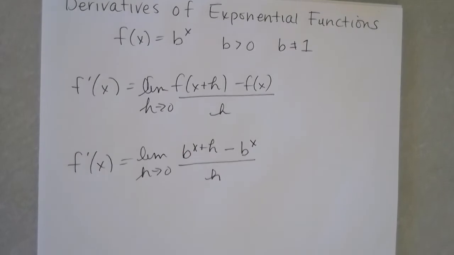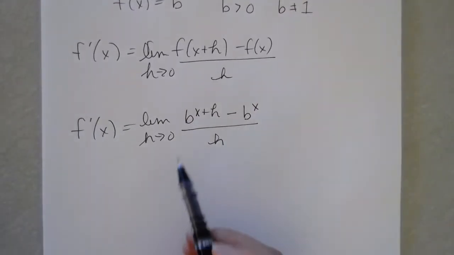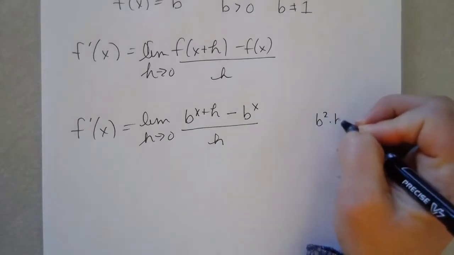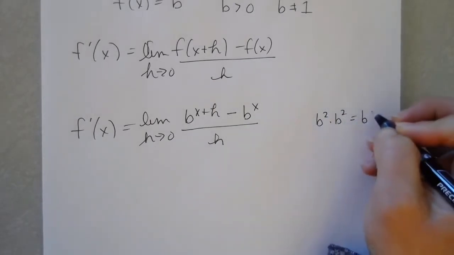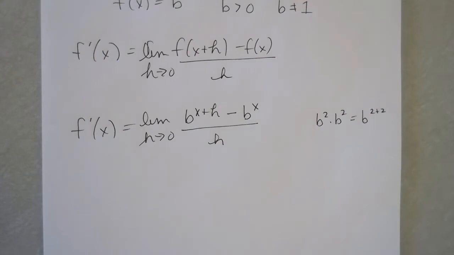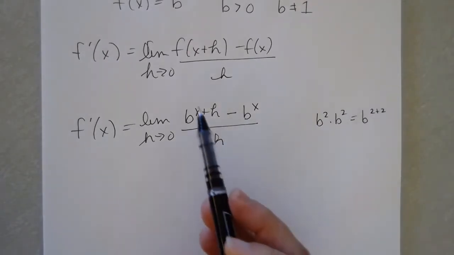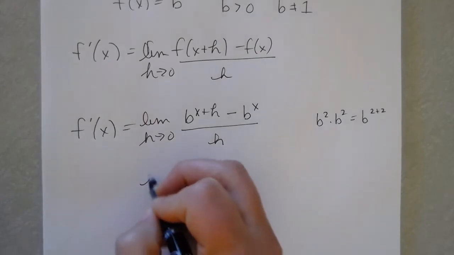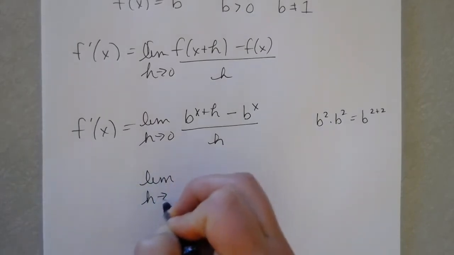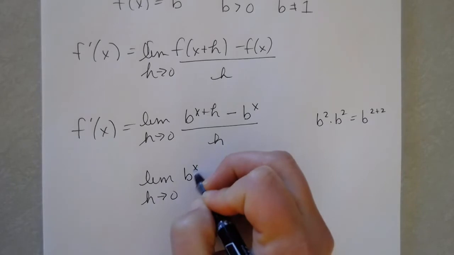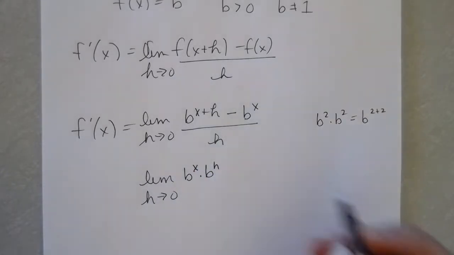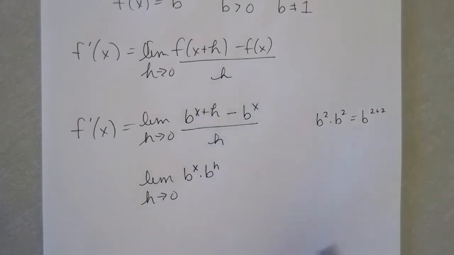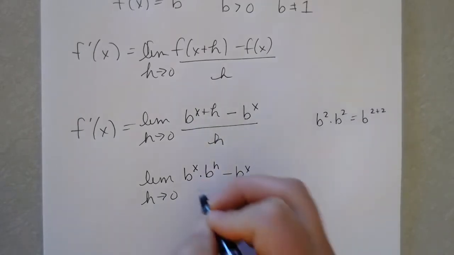Now when I write this b to the x plus h, if I had b squared times b squared, I could write that as b to the 2 plus 2. So essentially what I'm going to do is unadd them. I'm going to rewrite this instead as the limit as h approaches 0 of b to the x times b to the h, because when I have the same base and I'm multiplying them, it's really like adding the exponents, minus b to the x over h.